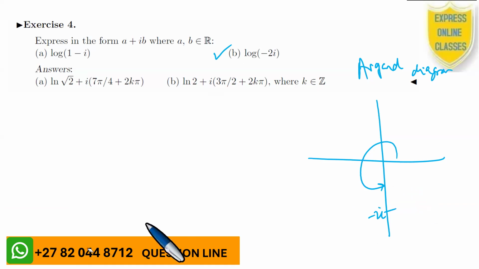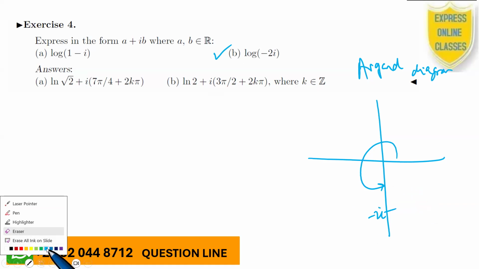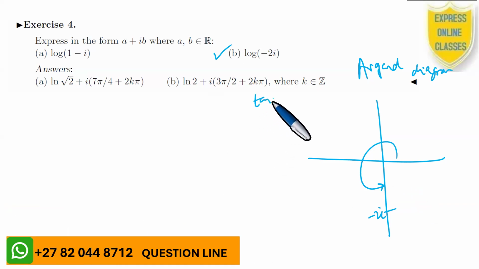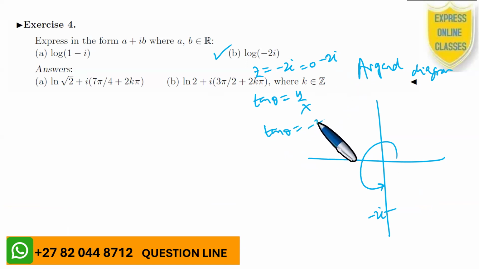To get this angle, you need to use arctan theta, or rather, tan theta is y over x. So if z is -2i, so 0 minus 2i, which is y is -2, x is 0.